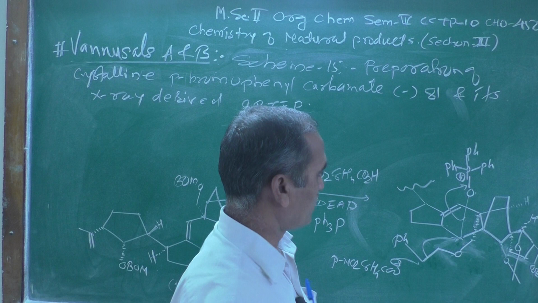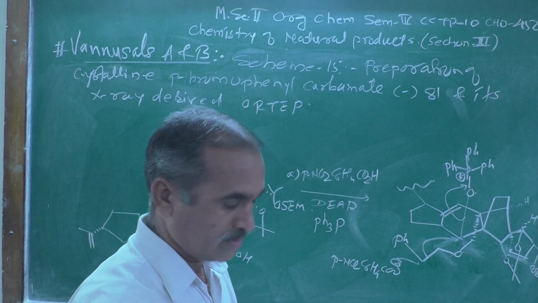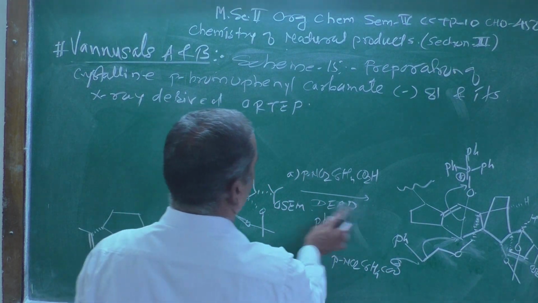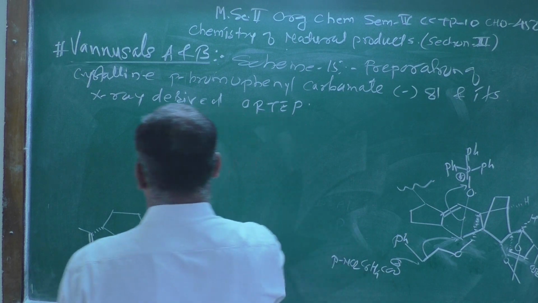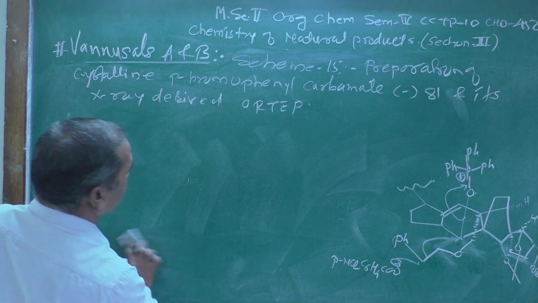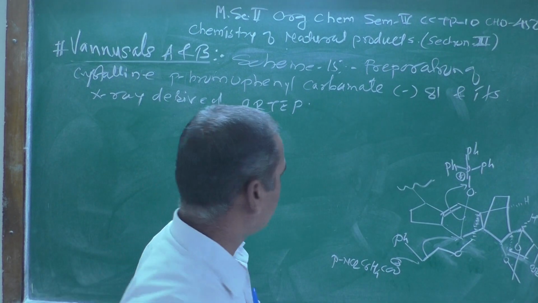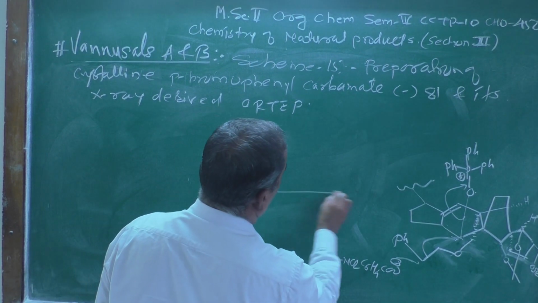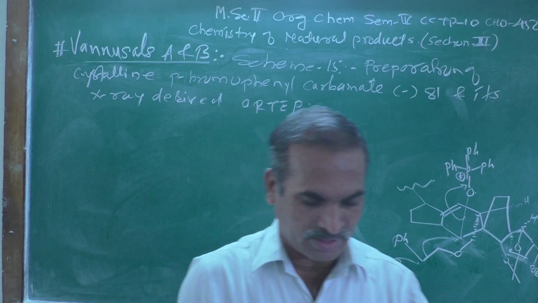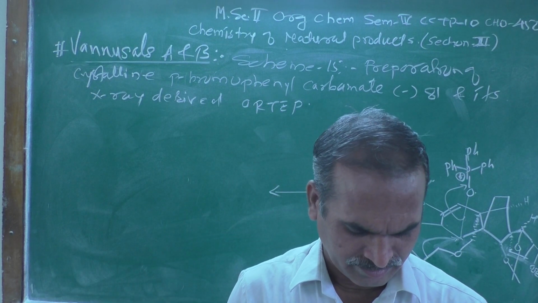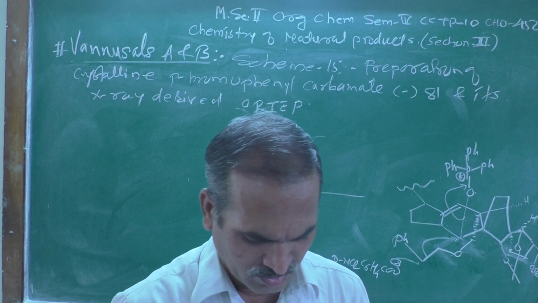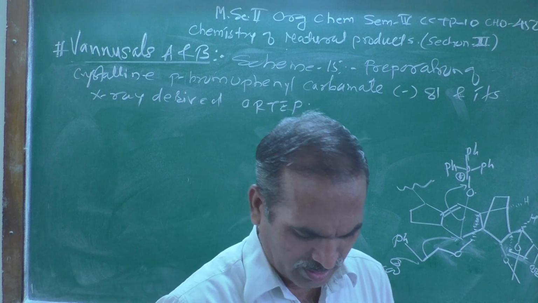After showing the mechanism, let me once again clean this board, and I am showing the arrow like this. After that, what do you get after the mechanism?